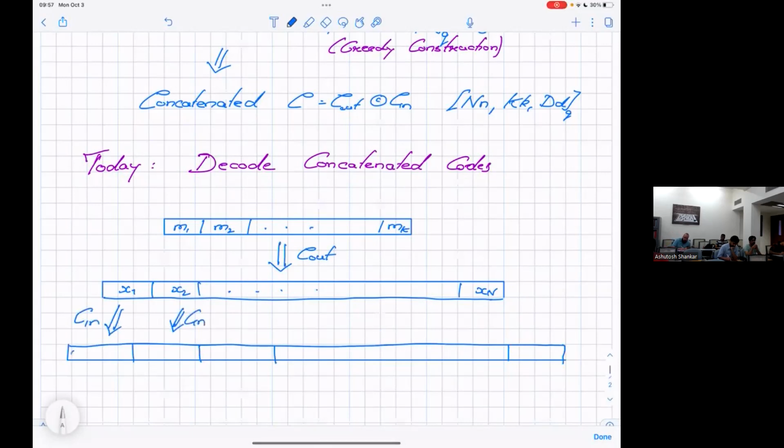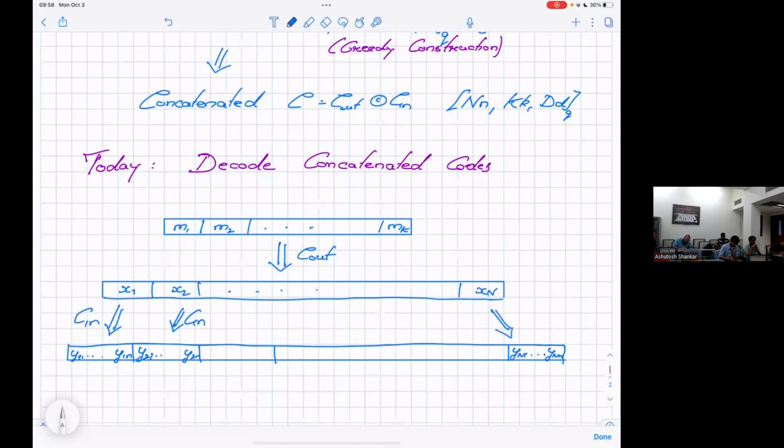So we get y11 all the way up to y1n, y21 all the way up to y2n, and so on, up to yN1 all the way up to yNn.